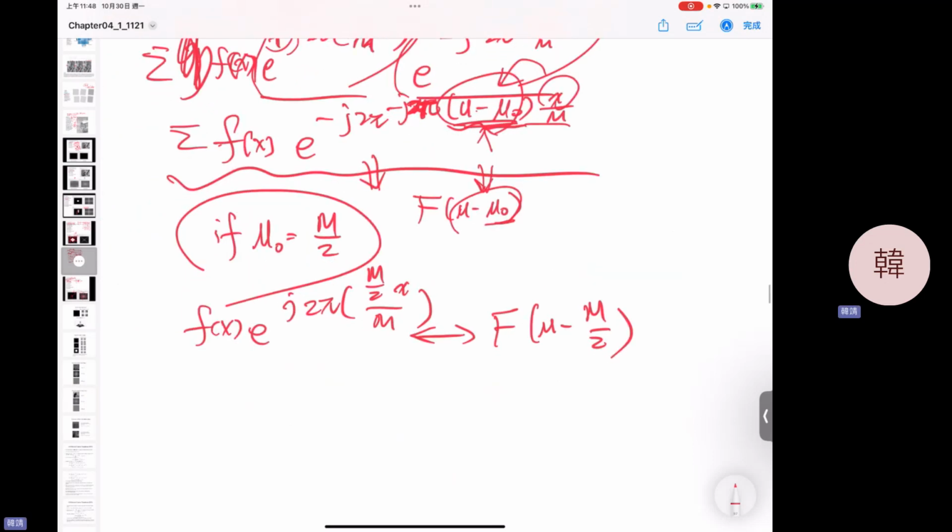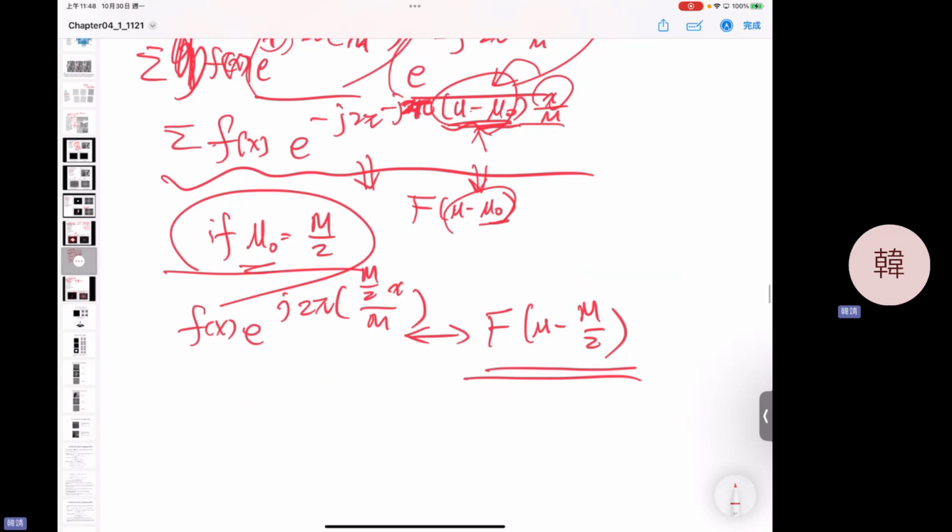That's what we're doing. We choose the shift to be half of your image width. Your image width is n points, and I only choose half of it. Shifting half of it, the resulting spectrum will be like this.